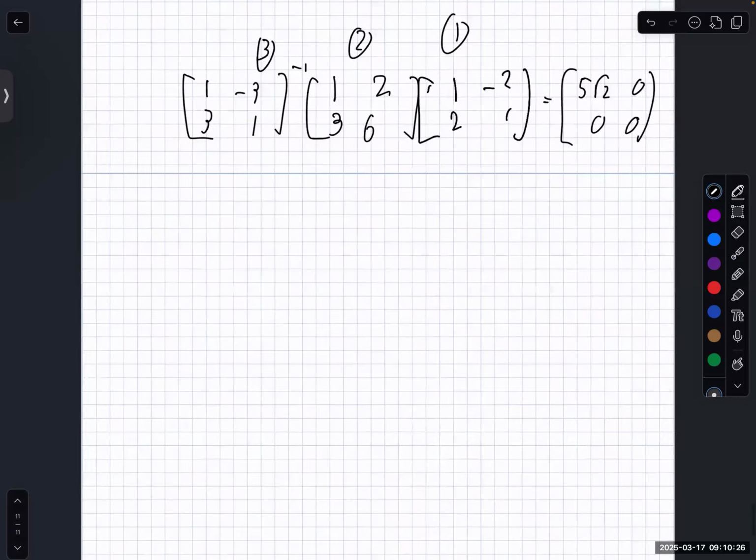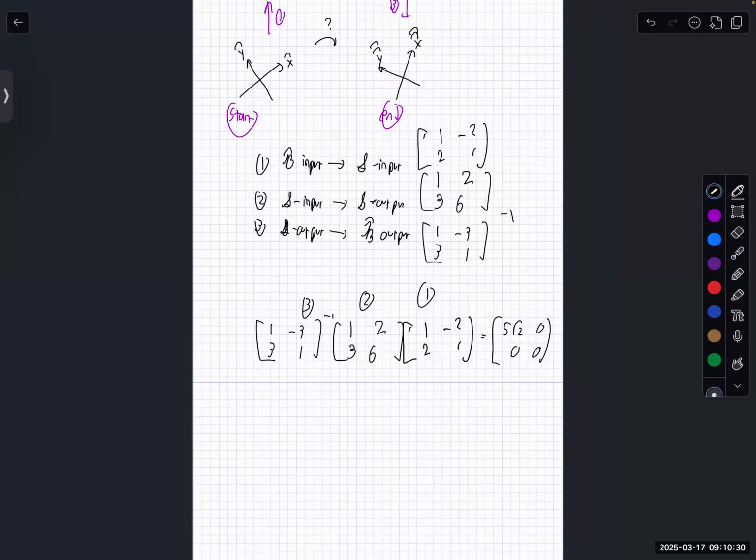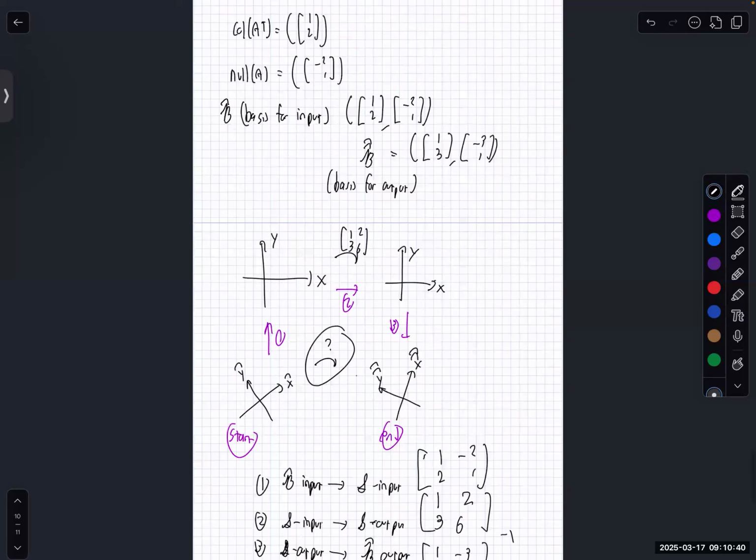So, yes? I get the mechanics of what we did with that last one, but what was it that we did? Oh, we calculated this again, just in a different way. For all of these, we're given the transformation relative to the standard coordinates, and what we want to do is find the transformation relative to a new coordinate system.